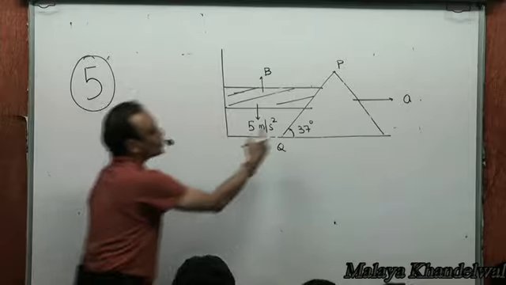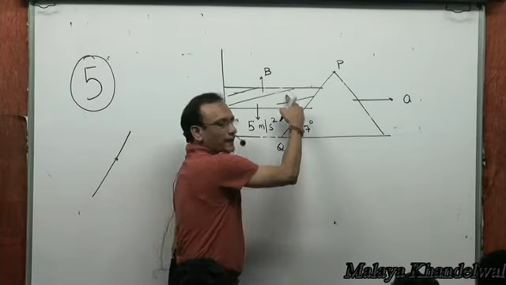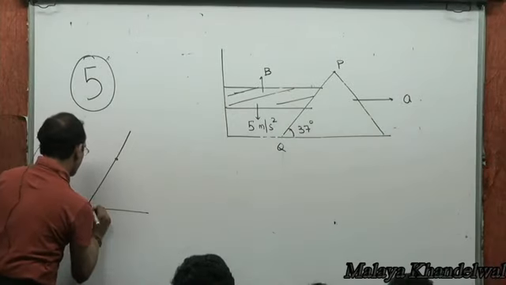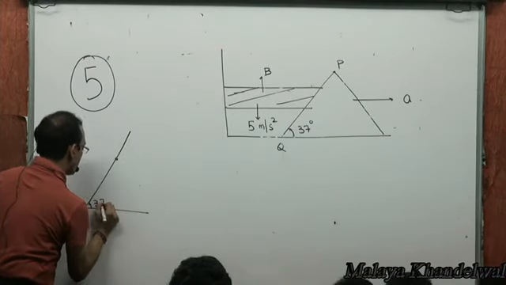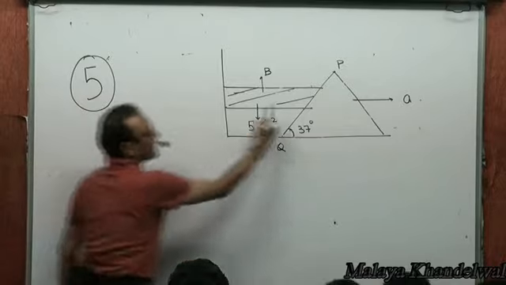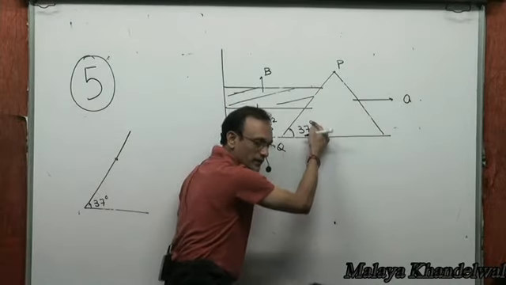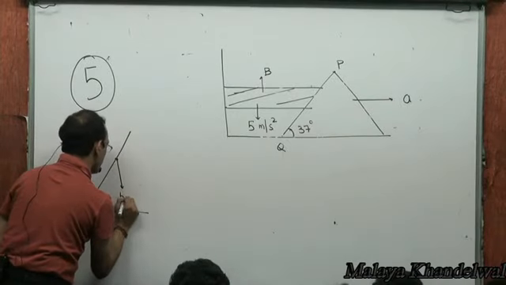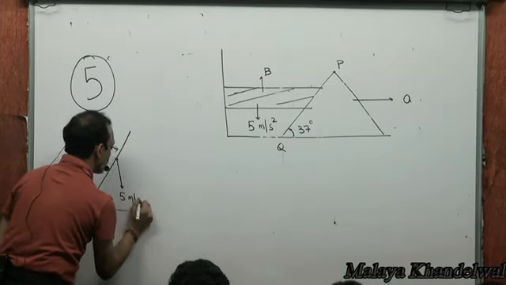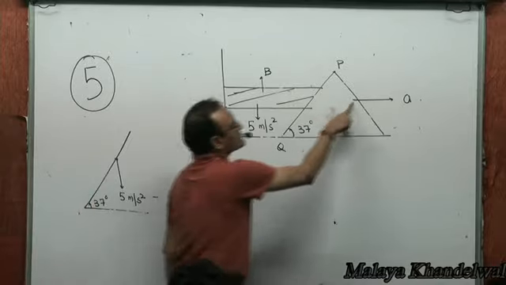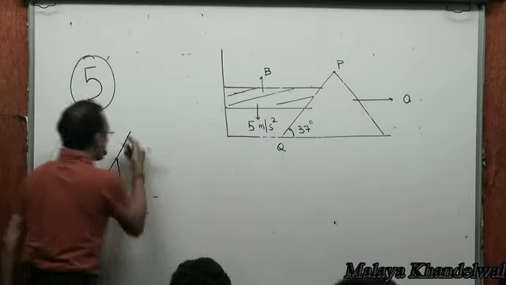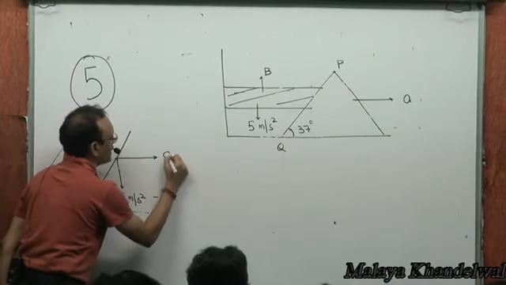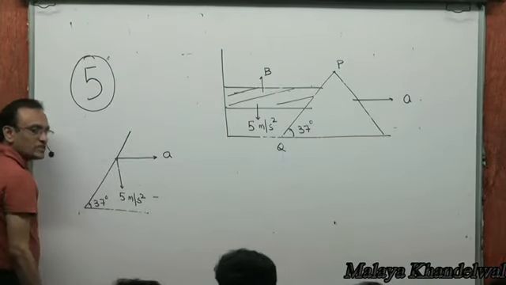This block B has a downward acceleration of 5 meter per second squared. This is moving down with 5 meter per second squared, whereas this inclined plane is moving to the right with an acceleration of A meters per second squared. Yes or no?